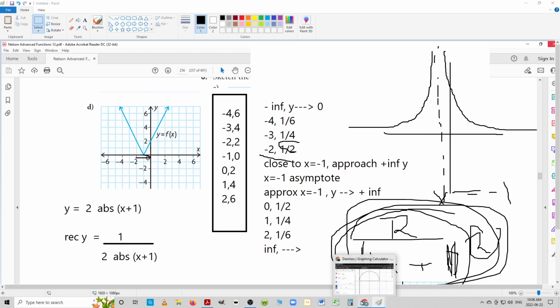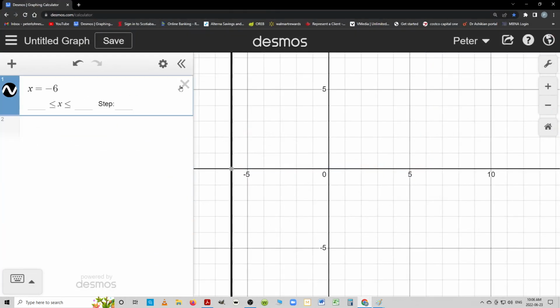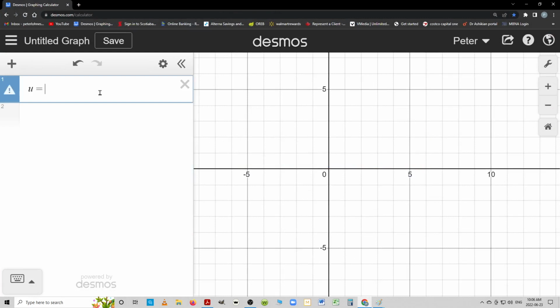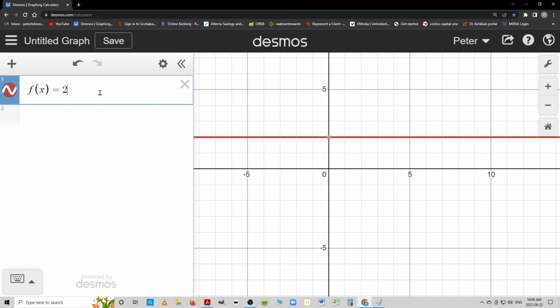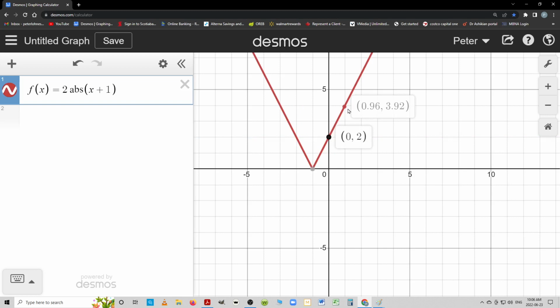Okay, let's see if that's true. Here's the f of x. There's our graph, and there's our points that we found. 1, 4, minus 3, 4, minus 4, 6. They're all there.